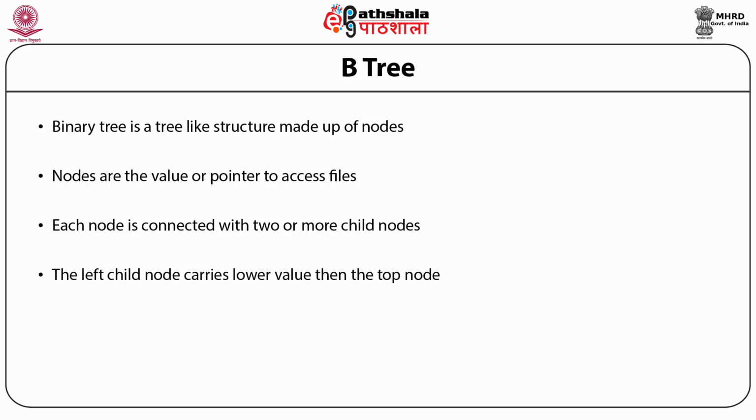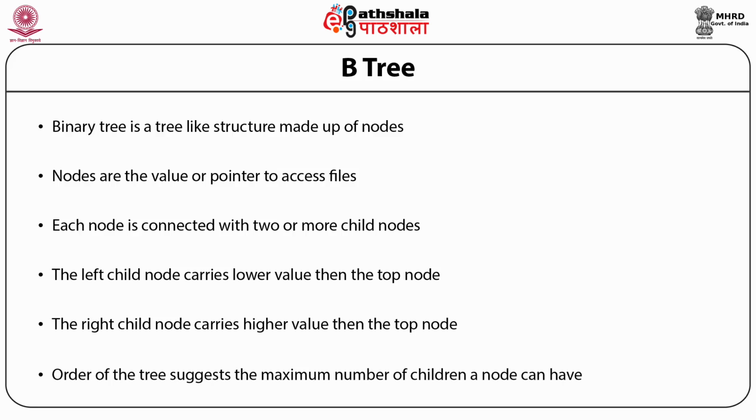The left hand child node carries a lower value than the top node or the parent node. Similarly, the right child node carries a higher value than the parent node, so the right arm of the parent node contains values higher than the parent node.